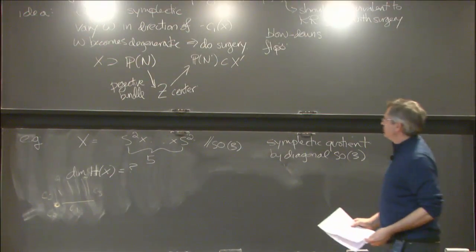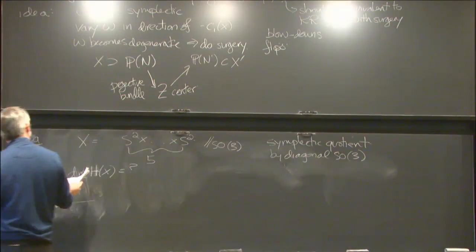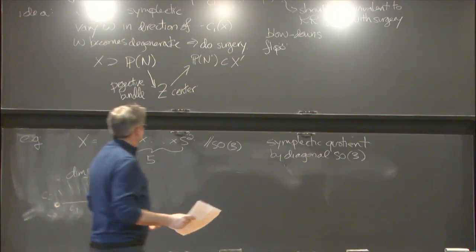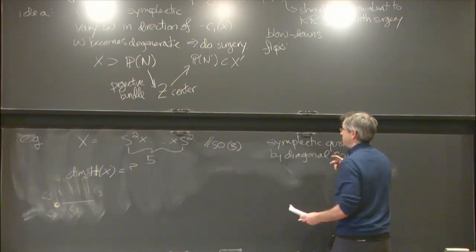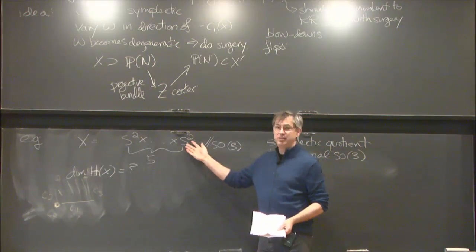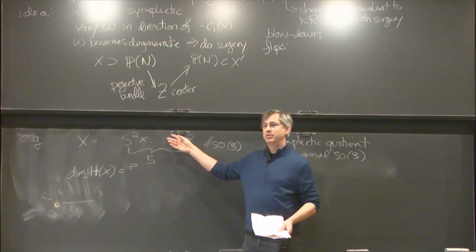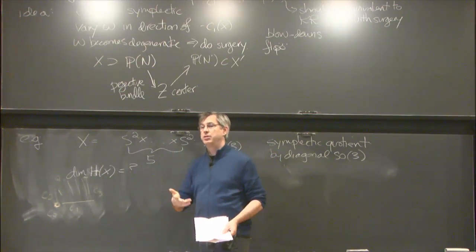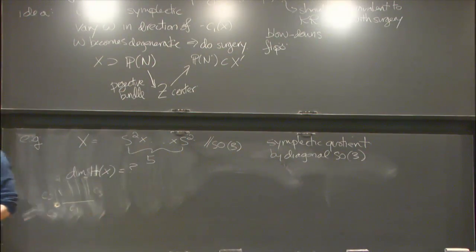So I want to look at this from the viewpoint of the MMP. Okay. Good. So being Fano is a property which is preserved by symplectic or GIT quotient. So this is certainly Fano here, and so when you take the GIT quotient, it's also Fano.